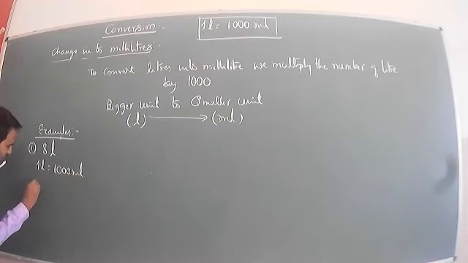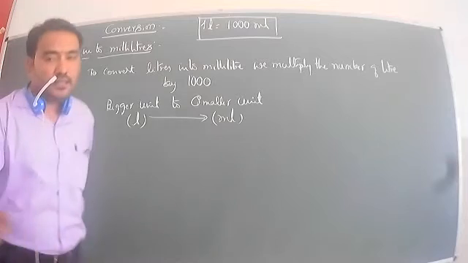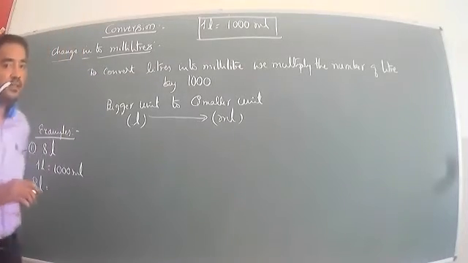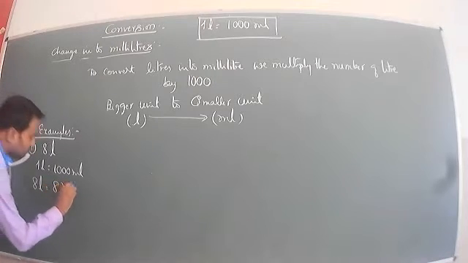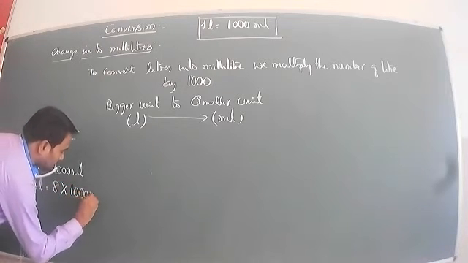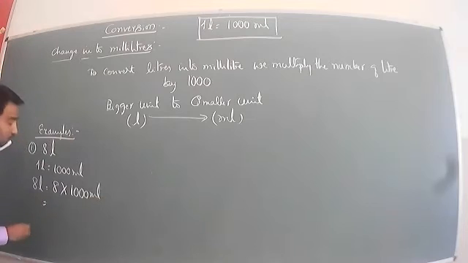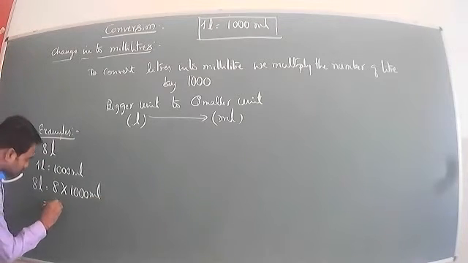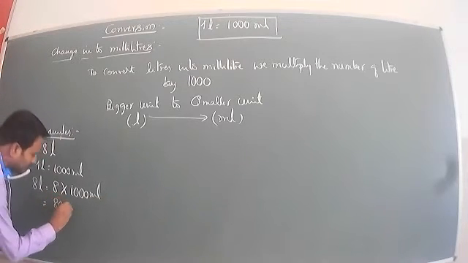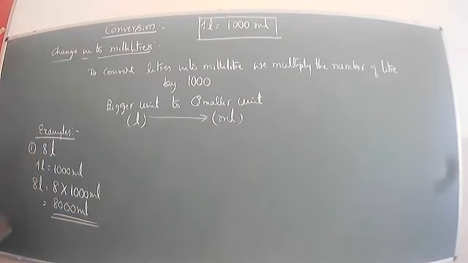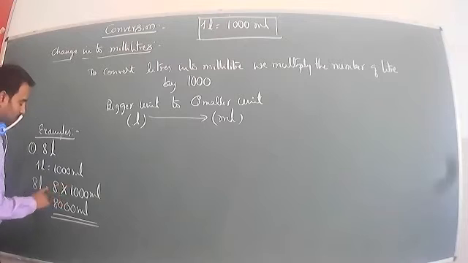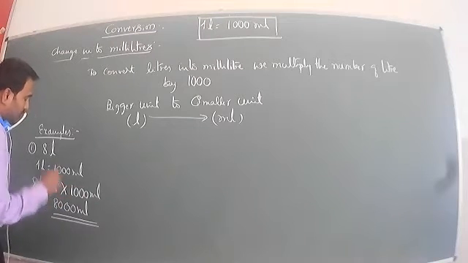The given number is 8. So 1 liter is how many milliliters? We multiply by 1000. 8 into 1000 is 8000 milliliter.